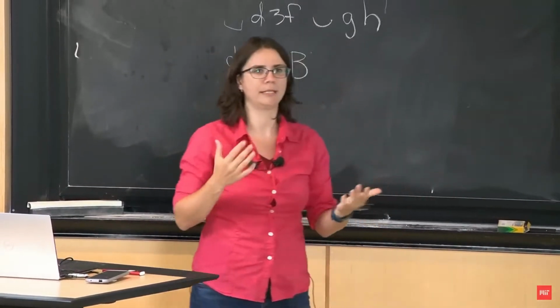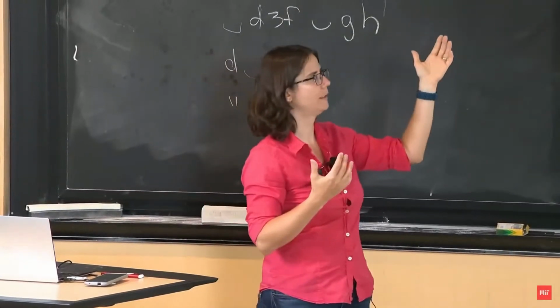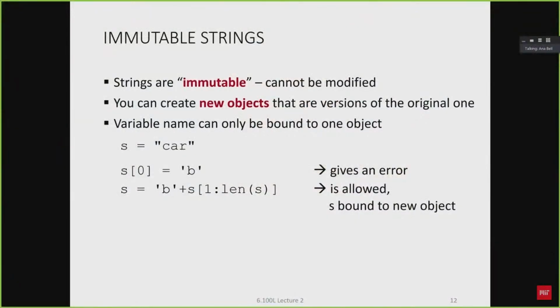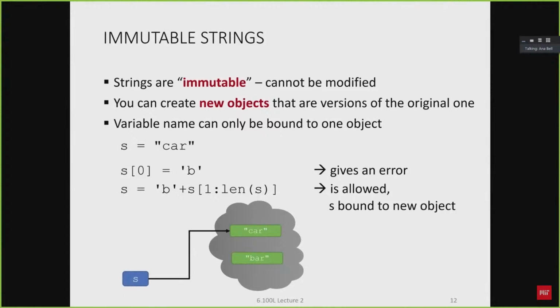But for now, anytime you make a change to such an object, well, you can't change the object, right? If you want to get a different version of the object, Python will create a new object in memory, and you can reassign the variable to that new object. So in this example, if I have the string CAR in memory like this, and it's bound to variable S, and I want to change the first letter to a B, I'm not allowed to.